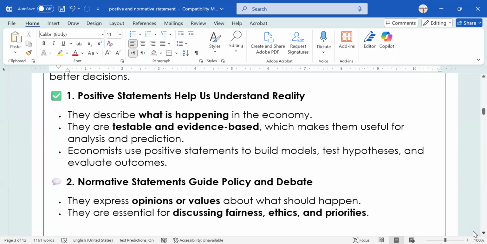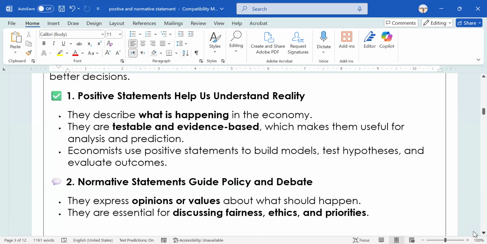What else? Positive statements really help us to understand the reality of the economy because these statements describe what is really happening in the world, in our economy. Because they are testable, there are bases, there are evidences, and these evidences make them very useful for analysis and prediction.